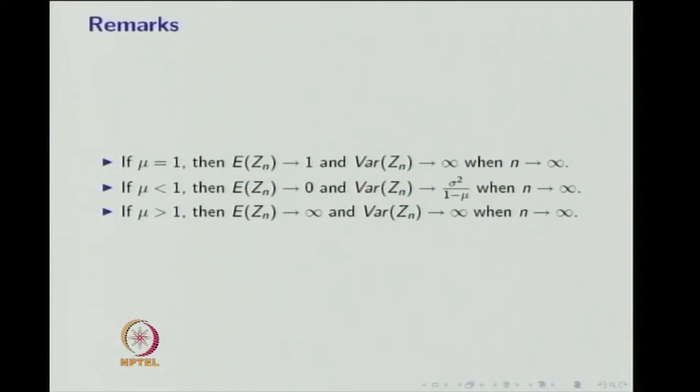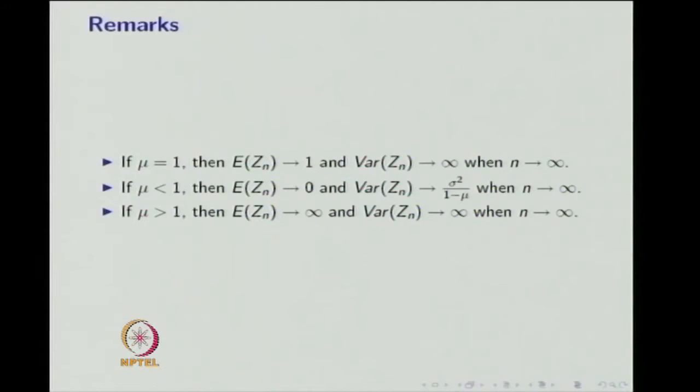So, till now we have discussed the probability generating function of Zn, and also the mean and variance of Zn. As a remark, if mu is equal to 1, the expectation of Zn tends to 1, whereas the variance of Zn tends to infinity as n tends to infinity.